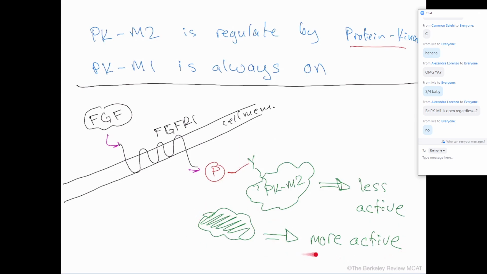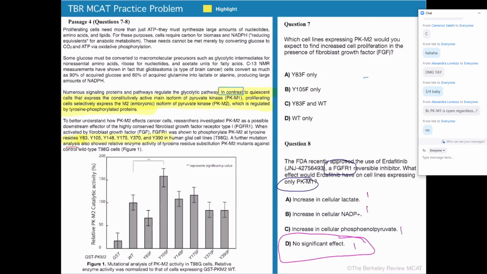And if you're a cancer cell, you don't want to be more active. You want to be doing anabolism. You want to be building up your cells so you can divide and proliferate. Does that make sense? And so that's why the answer is D.